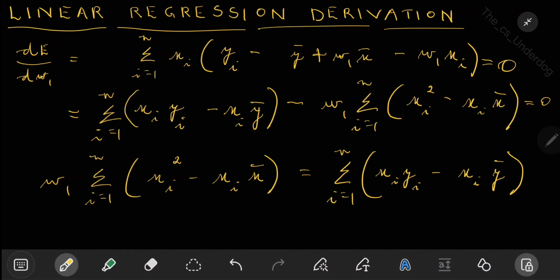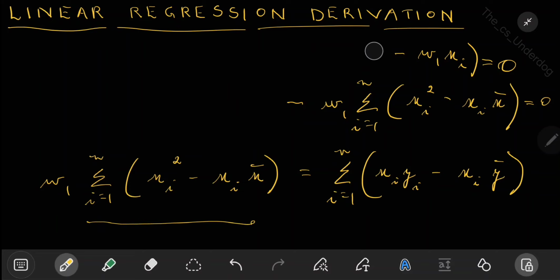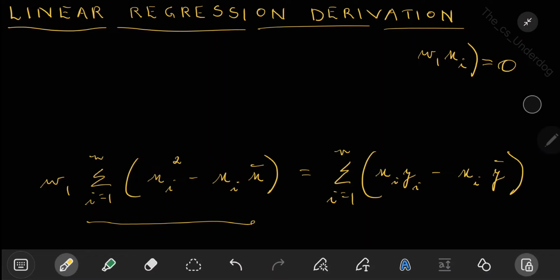So from this you have to find the value of w. How will you find the value of w? You have to take this whole term towards the RHS. Then you can find the value of w1. So the value of w1 is equal to, I'm taking this term to the RHS. So this is the last step of our derivation.